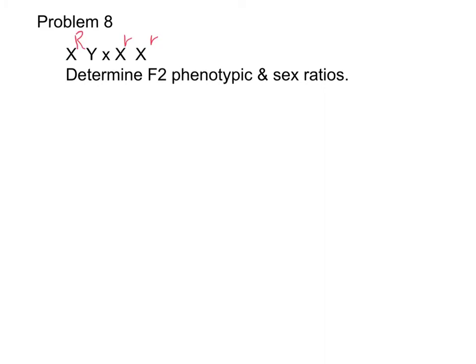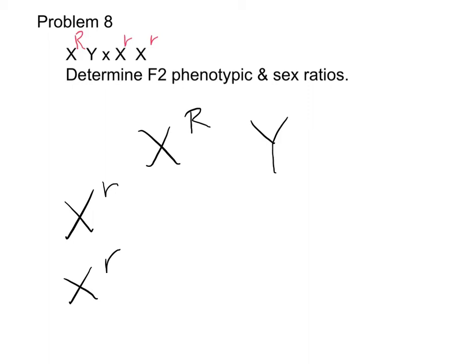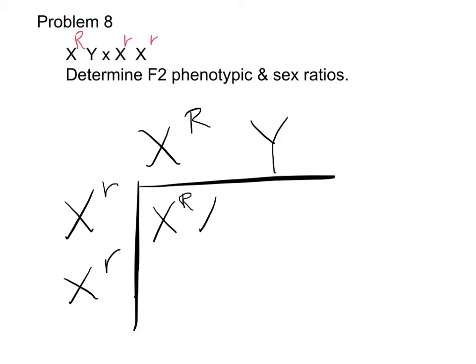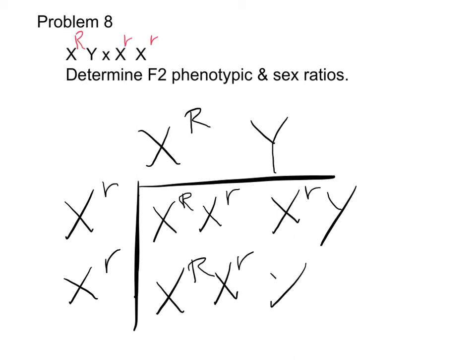Problem 8 is also a sex-linked trait, and we would set it up the same way. The male and female, except this time the male has the dominant allele and the female has the recessive alleles. The question, though, is asking for the F2 phenotypic ratios, and this is actually the first filial generation.